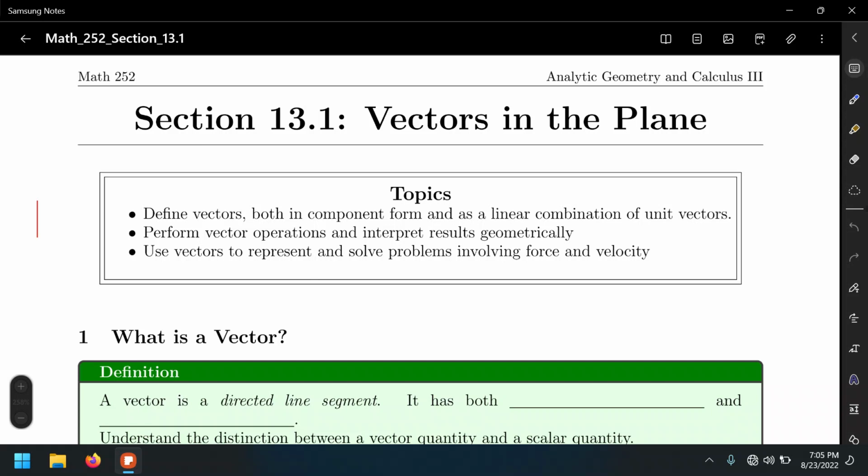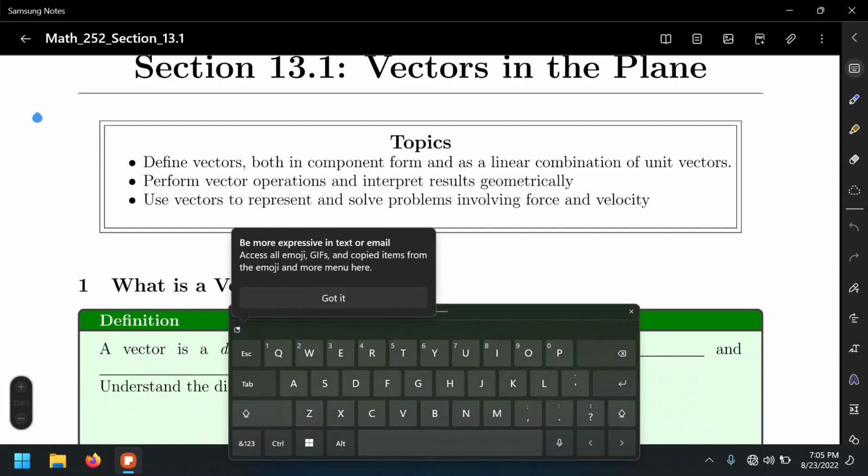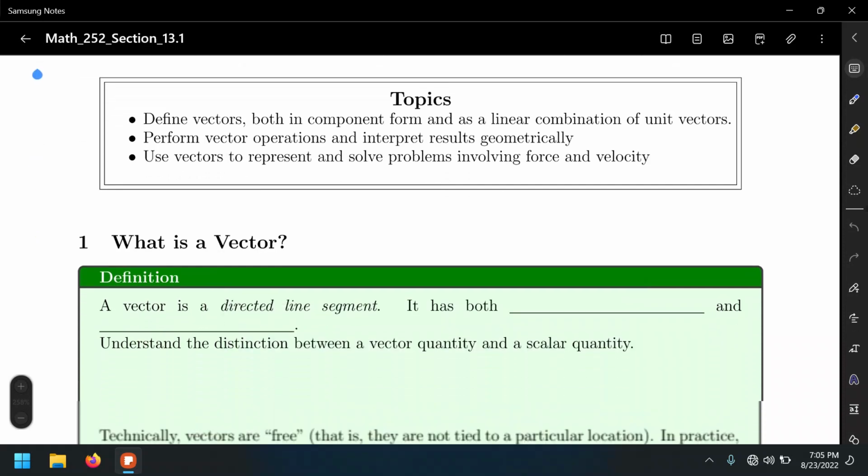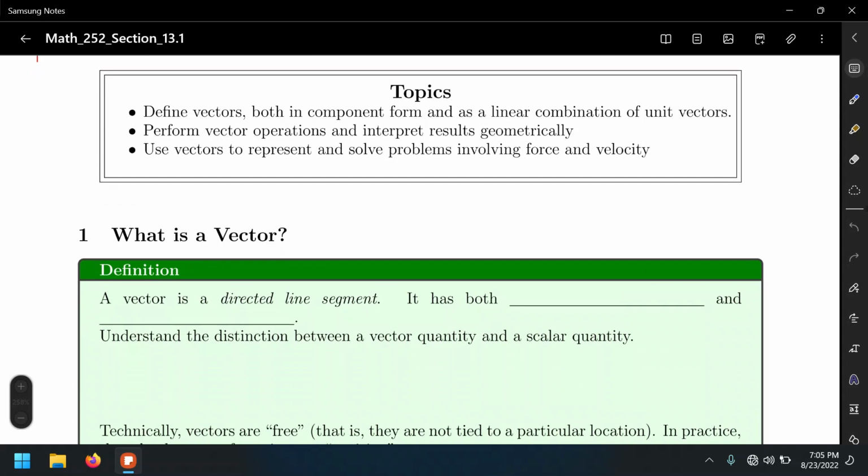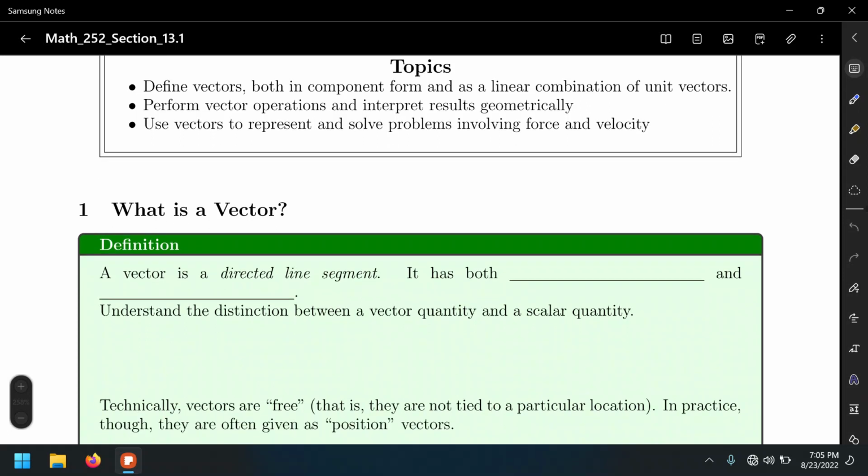It's not just a force or velocity or a direction, but we'll leave the abstract stuff for linear algebra, you'll see. So what we're going to do is define them both in component form and linear combinations, and then we're going to do basic operations, and of course we're going to go back and forth between their numerical interpretation and the geometric representations.